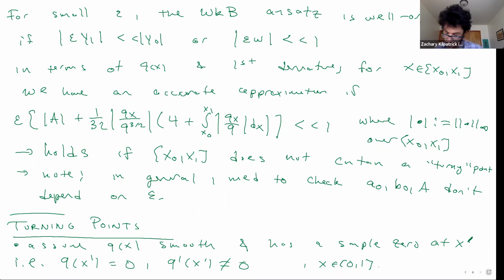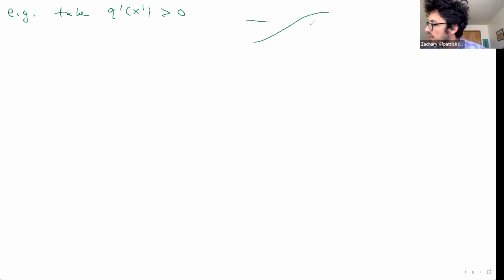So for example, we're going to take Q prime of x prime to be greater than 0. Here's our Q, and it looks like this. Here's x, here's Q of x, and here's our x prime. Over here Q is less than 0, and over here Q is greater than 0.